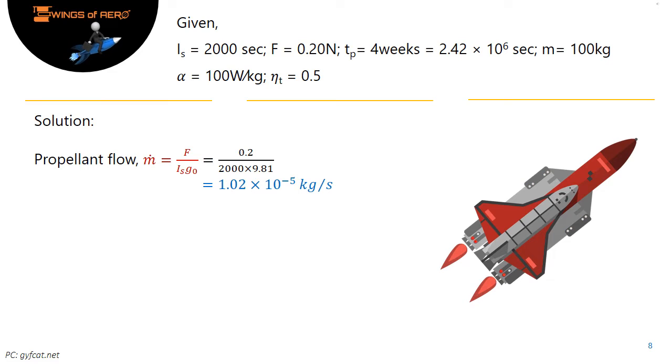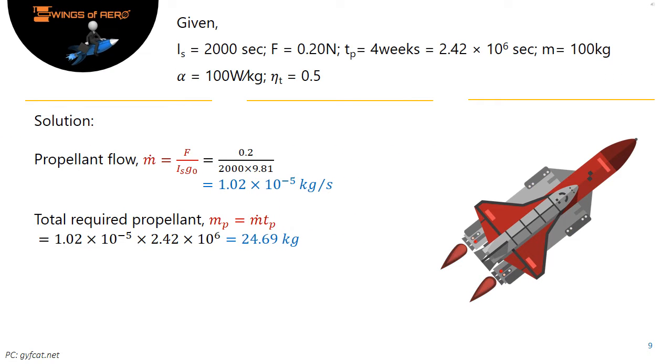Here F is the thrust, I suffix s is the specific impulse, and g naught is the standard acceleration of gravity with an average value at the Earth's sea level of 9.81 meter per second square. Now substitute the given known values and simplify. We get the required propellant mass flow is 1.02 into 10 to the power minus 5 kilogram per second.